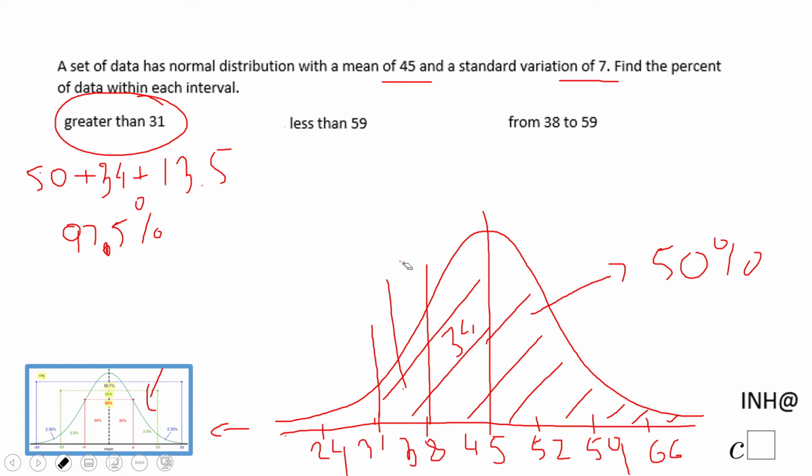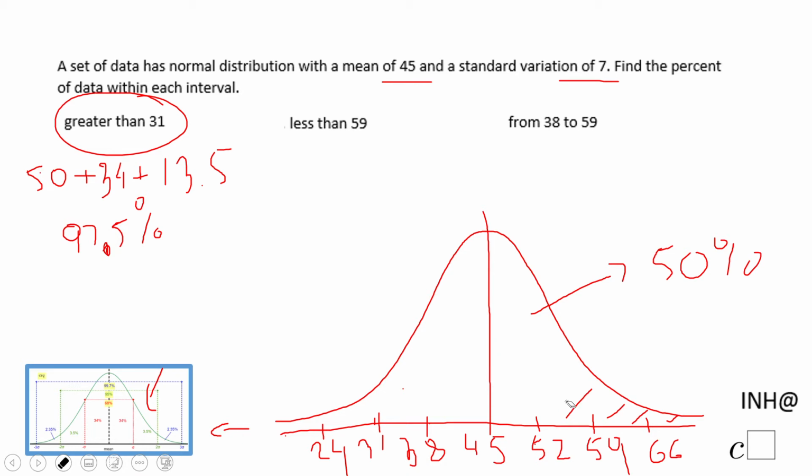On the second part, we are asked to find the data that is less than 59. And you're going to see we have a similar approach. 59 is here, 2 standard deviations to the right of 45.